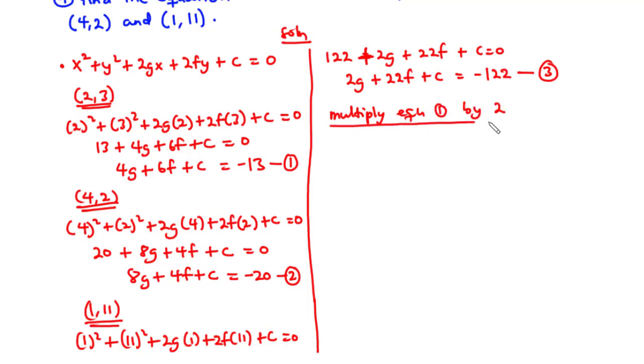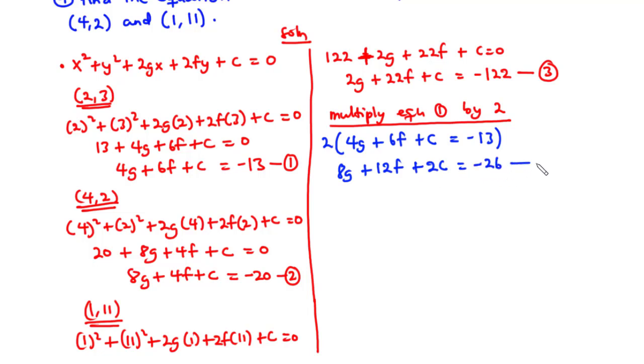So we have 2 times 4g plus 6f plus c equals negative 13. So this becomes 8g plus 12f plus 2c equals negative 26. Let's call this equation 4.